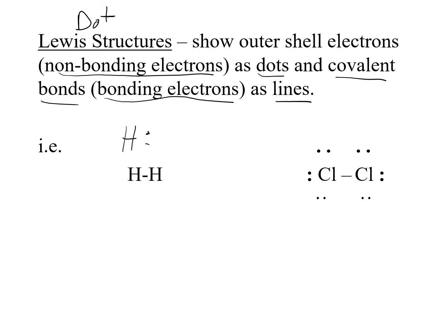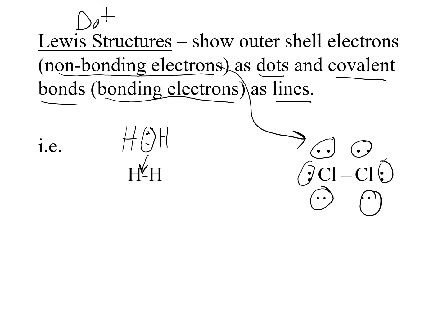It was sharing one electron from each hydrogen. This represents the bond, so we draw that as a line. In the chlorine molecule here, these electrons that are not attached to anything else are called our non-bonding electrons. The ones that are the bonding electrons, which are being shared between two atoms, are drawn as a line.